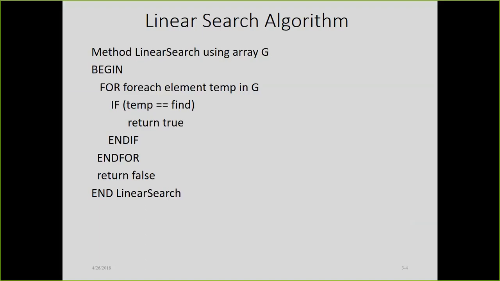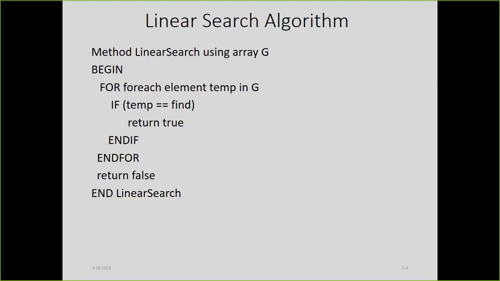Maybe in tonight's class, or if I do not have time in the next class, I will go through a real, live program. Here it says for each element temp in G, which is my array or list, if temp is equal to find, meaning whatever element I am finding, if I find it, then I will return true. Otherwise, I will return false.